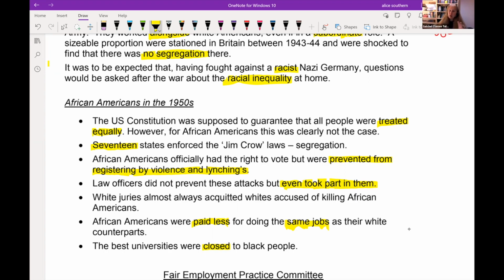Where we see change and movement and this protest and this want for something different has to be born from this idea that there can be something different. So had these African Americans not gone abroad and seen that it didn't have to be this way, we may not have had a civil rights movement. So we can't underestimate the part that World War II played in that.